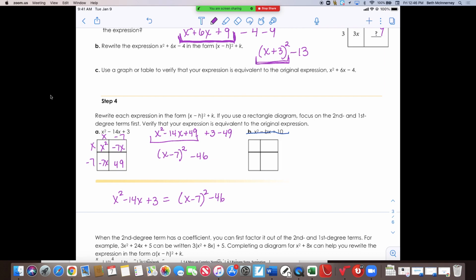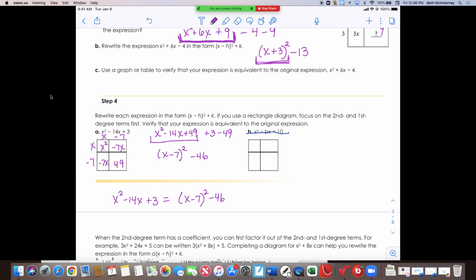What's negative? Oh, okay, great question. So do you see that in order to make x squared minus 14x plus 49, we added the 49 to the x squared minus 14x, right? There's no 49 here.